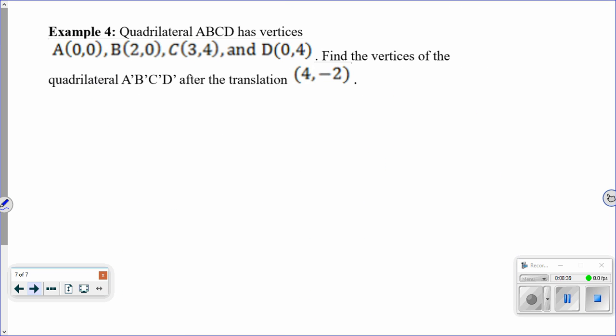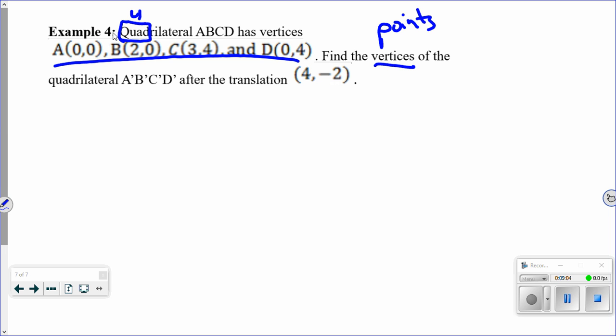Last but not least, this is optional, but if you would like, please try to do example 4 on your own. I can come help you if you raise your hand. We have the quadrilateral. Quadrilateral just means quad, 4 sides, A, B, C, D. It says find the vertices, so find the points of quadrilateral A prime, B prime, C prime, D prime, which is the image, starting from the pre-image, after the translation -4, -2.